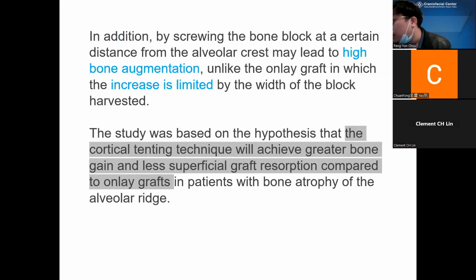And screwing the bone block at a certain distance from the alveolar crest may lead to high bone augmentation, unlike the onlay graft, in which the increase is limited by the width of the block harvested.